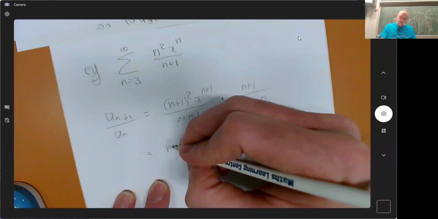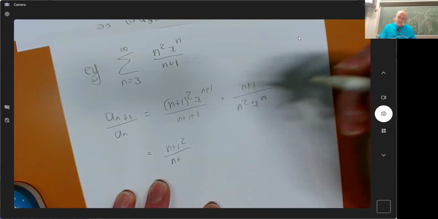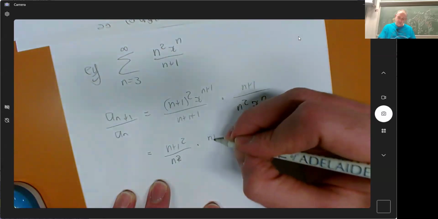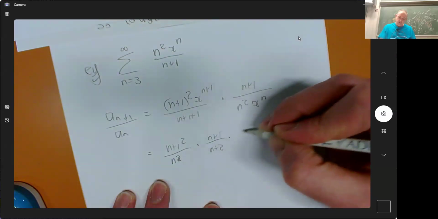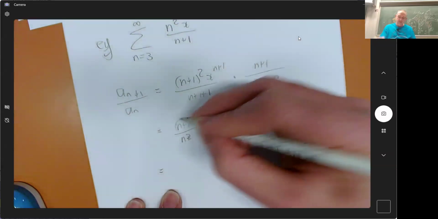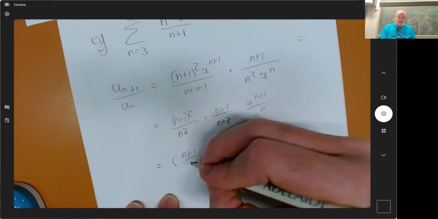I've got (n+1) squared over n squared times (n+1) over (n+2) times x to the n+1 over x to the n. And so I've got my (n+1) over n all squared.